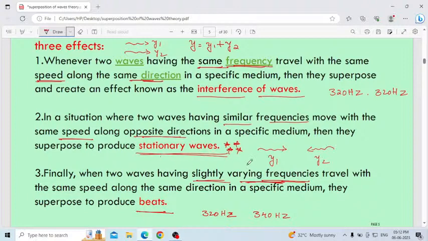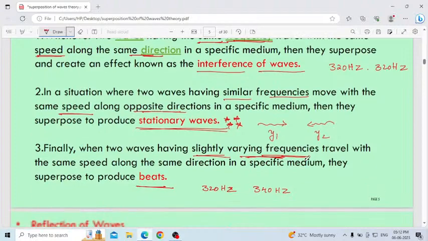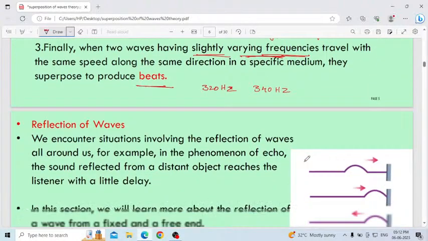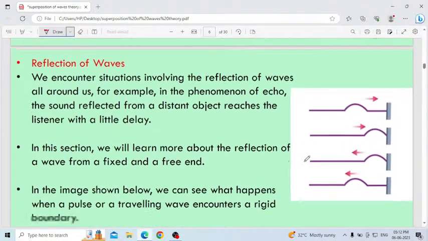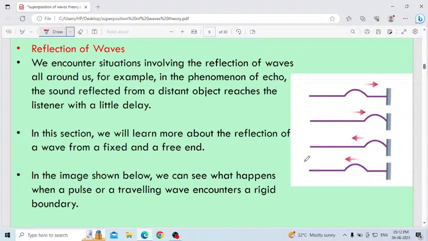Then for a stationary wave, the frequency is the same and they travel with the same speed, but they approach in the opposite direction. That one we will consider as a stationary wave. Today I am explaining superposition of waves, a very important topic. I am requesting those who are not in the live class, please listen to the recorded class.